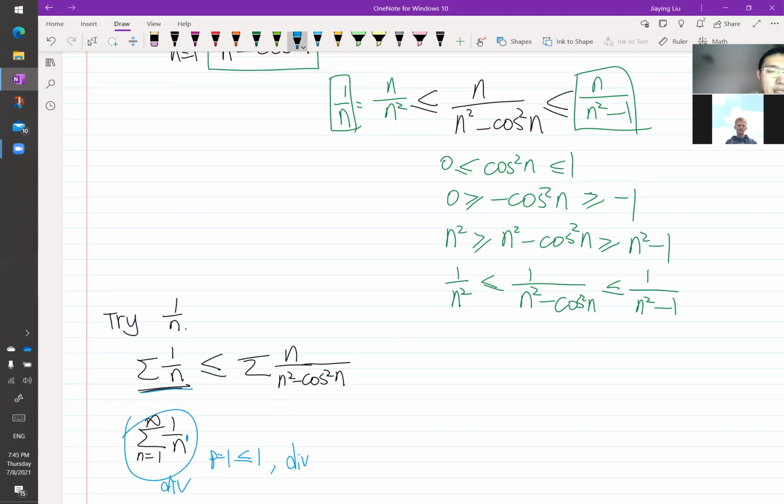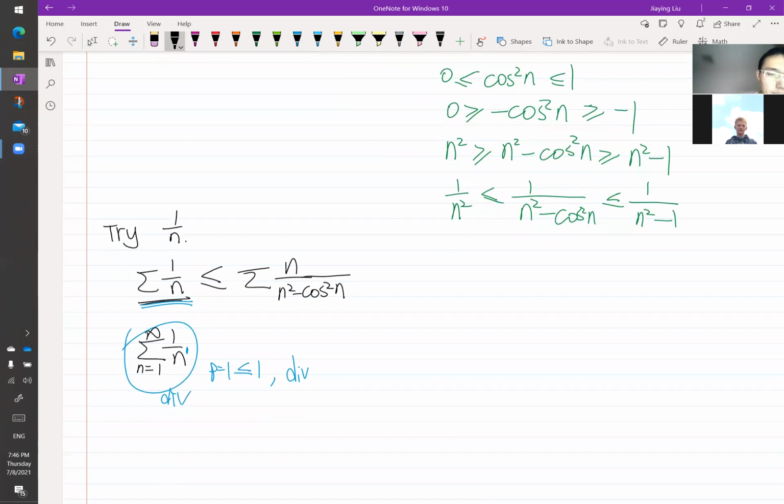We found out that the smaller series is divergent. The one that's smaller, when you add all the terms up, is already approaching infinity. What about the series that's bigger? Because the smaller one is divergent, therefore the bigger one is divergent.